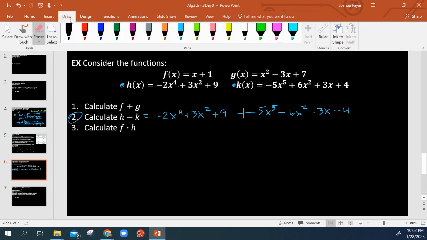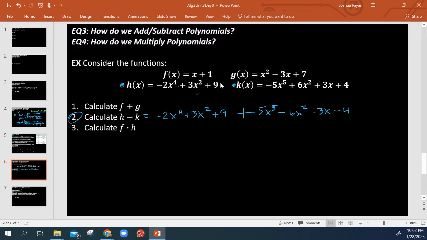Okay, so now all I'm going to do is combine like terms just like I did on the previous example. So let's start with the highest degree term. Okay, so 5x to the fifth has nothing to combine with, so 5x to the fifth, we've accounted for that. Now we go to the next highest degree term, which is to the fourth power, so we're going to say minus 2x to the fourth. It won't combine with anything else.